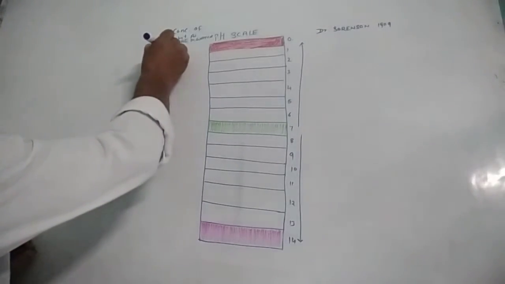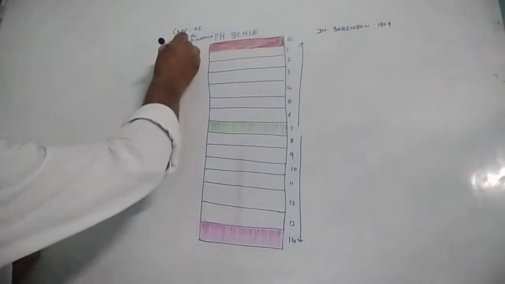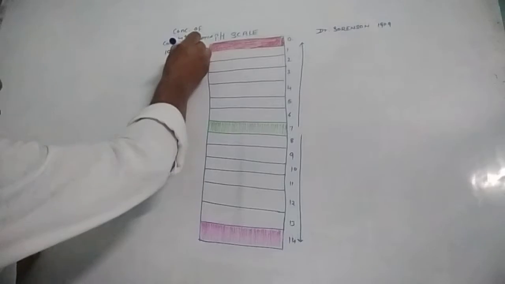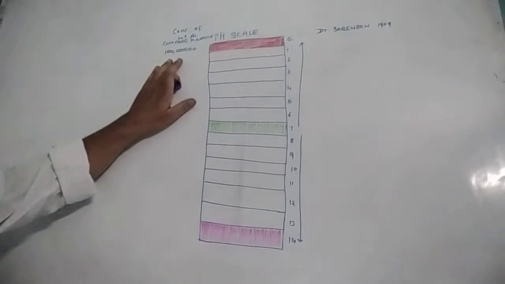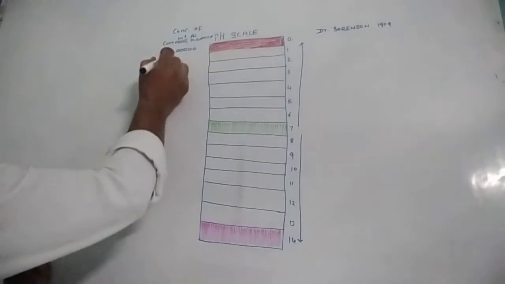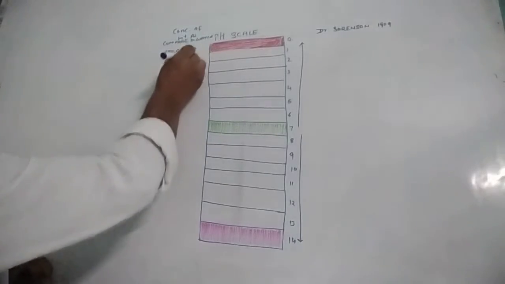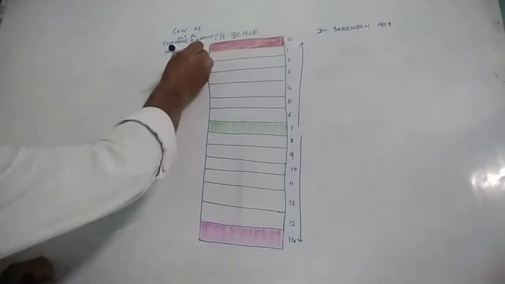You see, at the 0 pH value, the number of H plus ions in the solution will be about 100 lakh, right? As we move down, cut out one of the 0s, it will become 10 lakh.